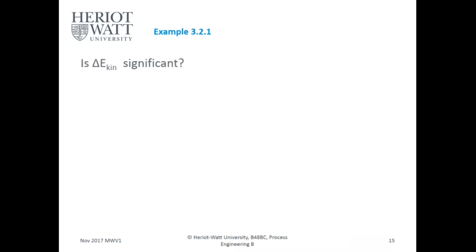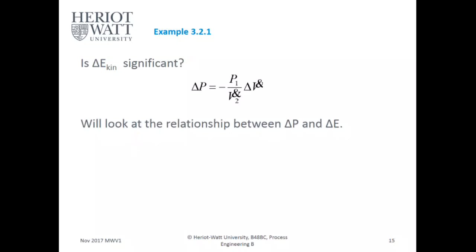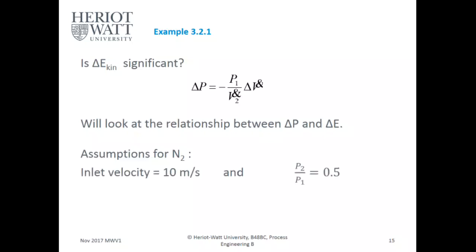So we can prove that using an example. Is the change in kinetic energy significant? If the change in pressure equals negative P1 over V2 multiplied by the change in volume, we will look at the relationship between the change in pressure and change in energy. So the assumption for this is nitrogen.